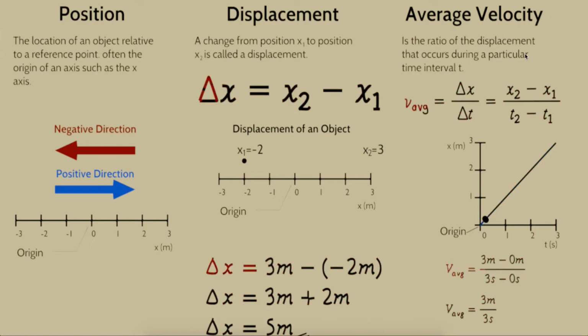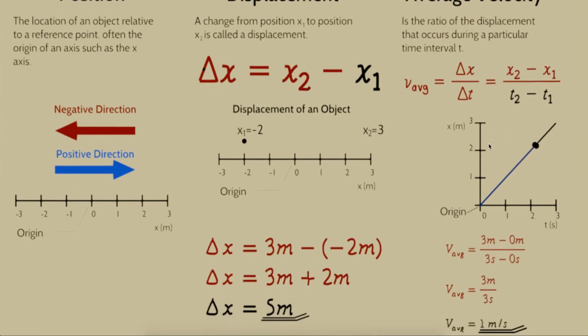Again, vector quantity, we are talking about vectors in a separate video. For now, I just wanted to mention that. But average velocity is just that, comparing your displacement to the time it takes for that particle to move from x1 to x2.